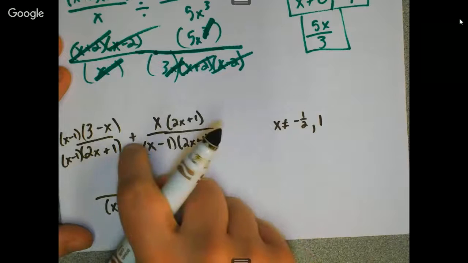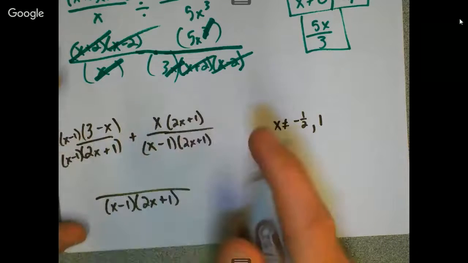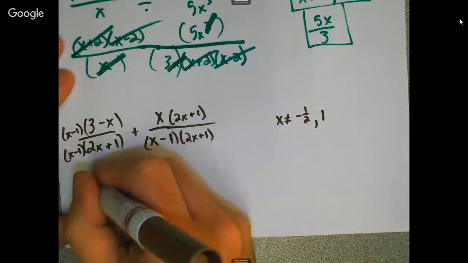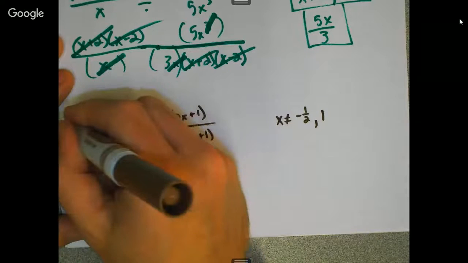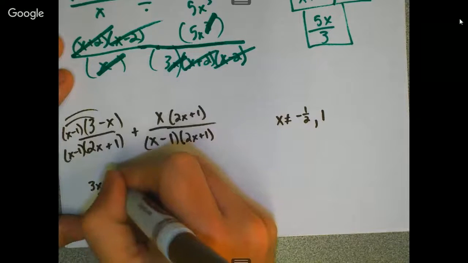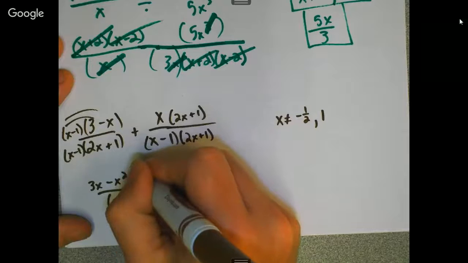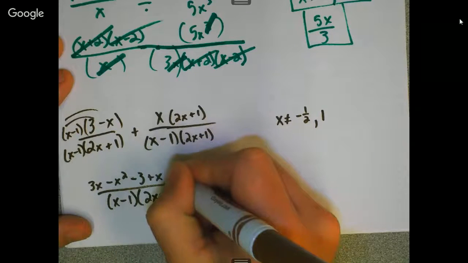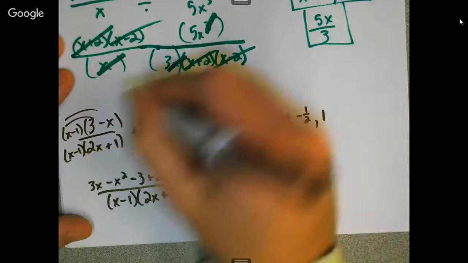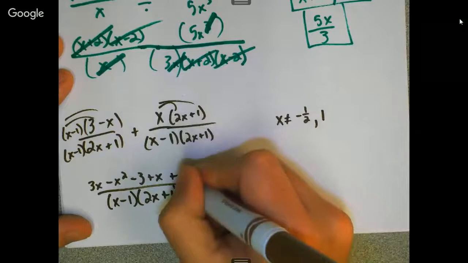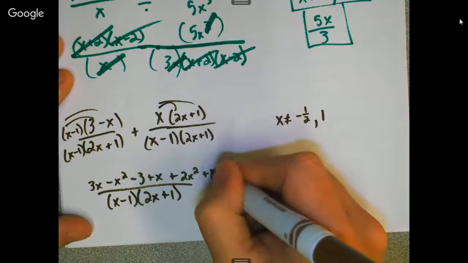But the top, because I have to add, I have to multiply all this out. 3x, that's your first, your outside, your inside, your last, plus, distribute this one, 2x squared plus x.